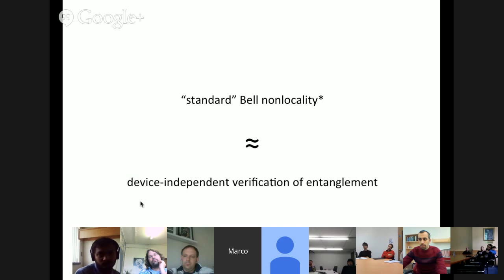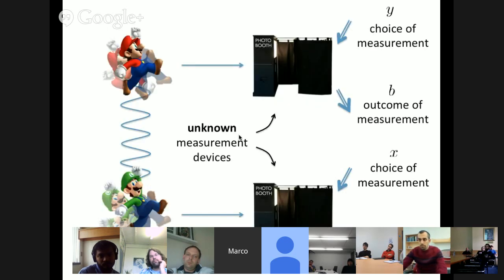So from this perspective of checking what is the shared state, the standard Bell non-locality, assuming quantum mechanics, can be thought as device-independent verification of entanglement. What do I mean by that? Well, by device-independent, it means that in this case, neither Alice nor Bob have real control on their measurements, or if you want, they don't really trust them.